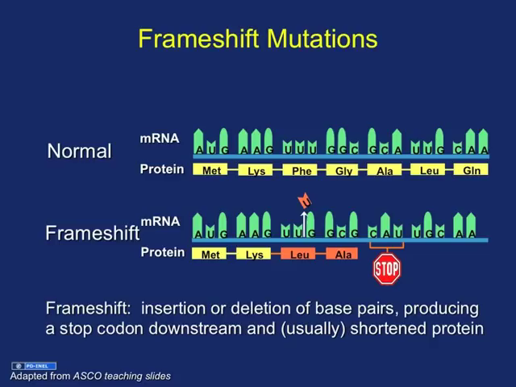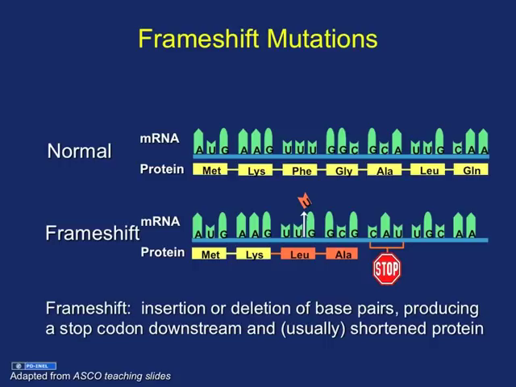Here's a frame shift mutation. Here we've inserted or deleted a nucleotide or a couple of nucleotides, a small indel, insertion deletion. If it's not divisible by 3, it's going to change the reading frame. So now, you had U, and you delete one of these U's here.